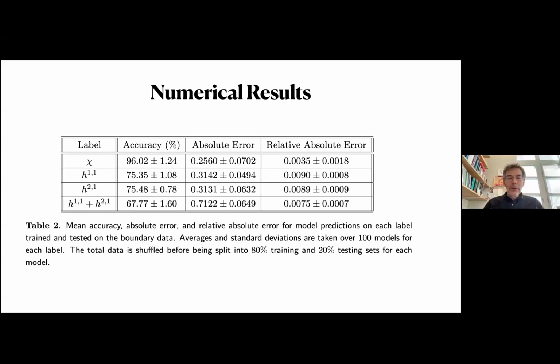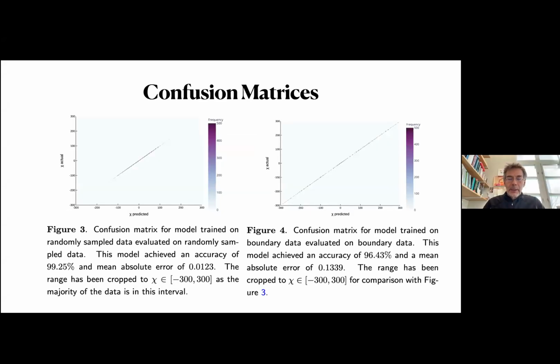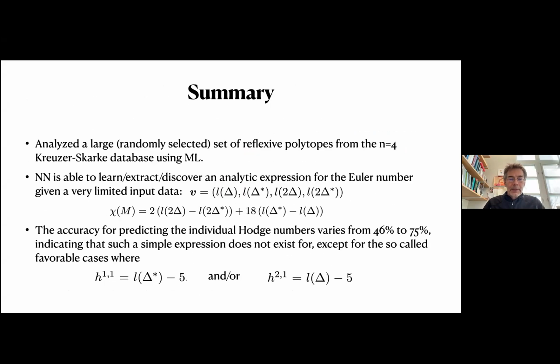So those types of polytopes have this property that the H11 is coming essentially only from the ambient space, and then by mirror symmetry, right?